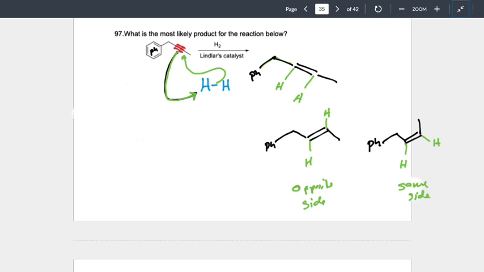Will you tell me, based off how we just drew out our mechanism, were they added on the same side or opposite sides? Same side, which means this one's wrong. Okay, and yes, lovely cis. Okay, we would get the cis product.